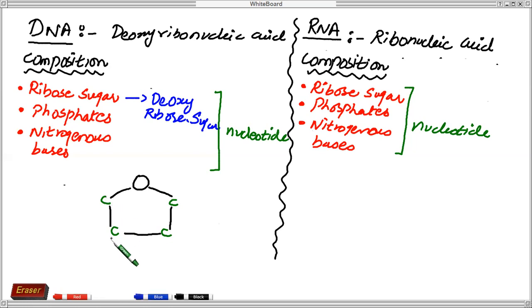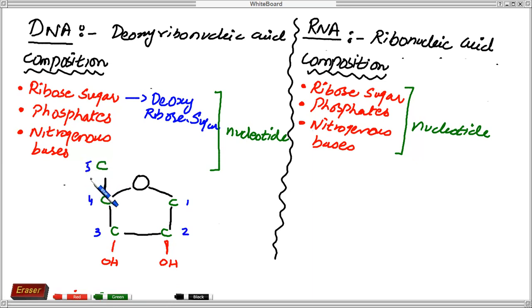One, two, three, four, and the fifth carbon is there on the top. Here, ribose sugar has got hydroxyl groups, OH. First carbon, second, third, fourth, and fifth.